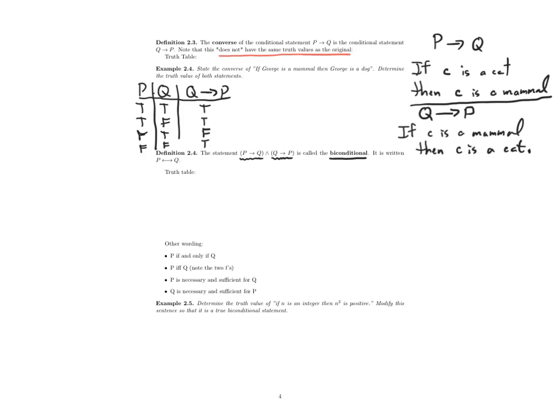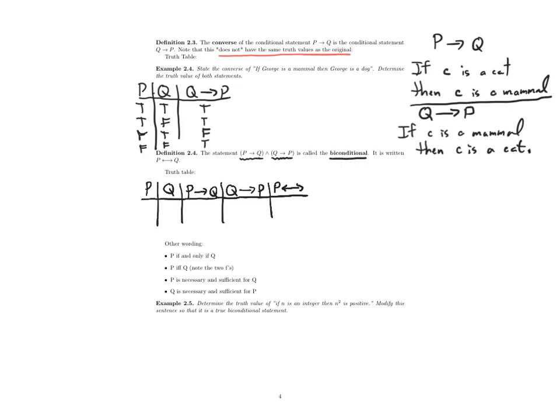So again, let's do a truth table. We have P, we have Q, and let's do it all. So we have P implies Q, we have Q implies P, and then we have this P if and only if Q. We write it like this.